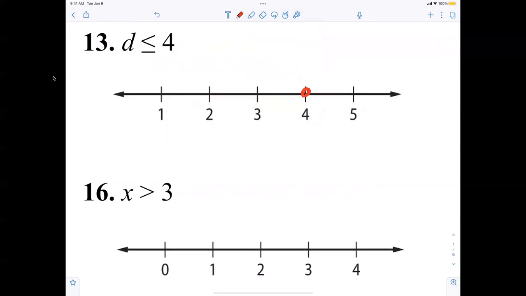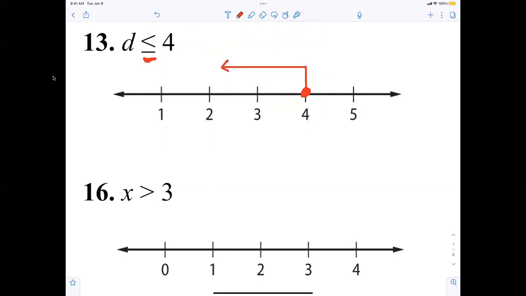Closed circle on 4. Going which way? I didn't hear you. The right. Oh, the left. What did you say? The left. That's what I thought you said.